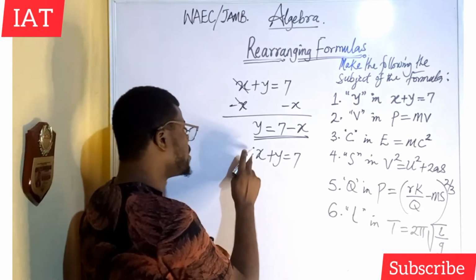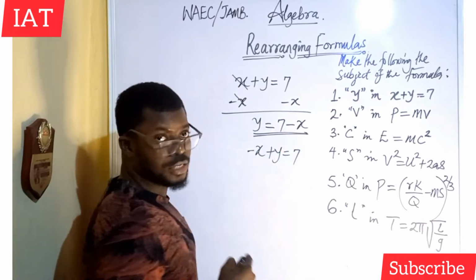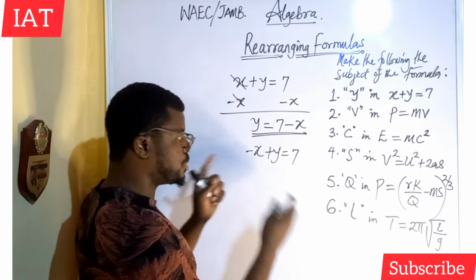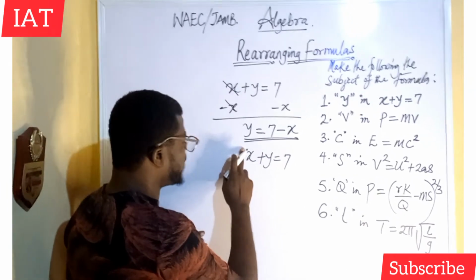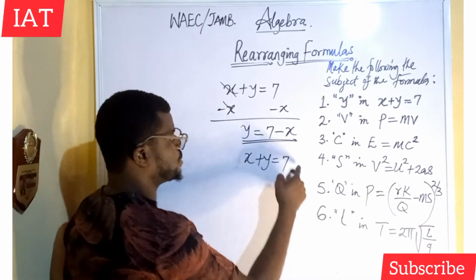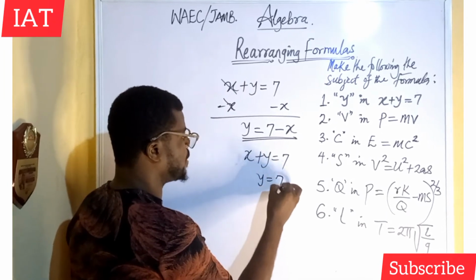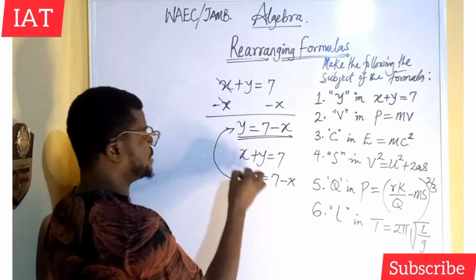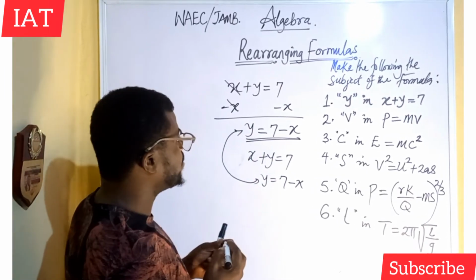That's to say, if I have a negative and it crosses the equality sign, it changes to positive. So notice when a sign crosses equality, it changes. So if this positive x crosses to the right hand side of the equation, then we have y equal to 7 minus x. You can see that the outcome is just the same. So that is the answer to this particular question.